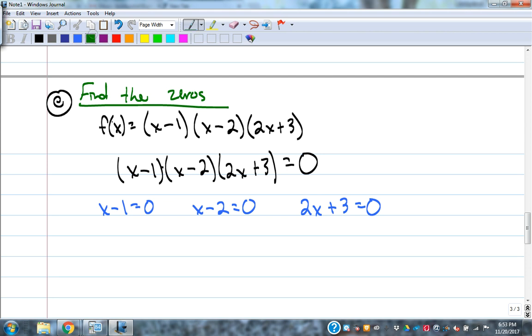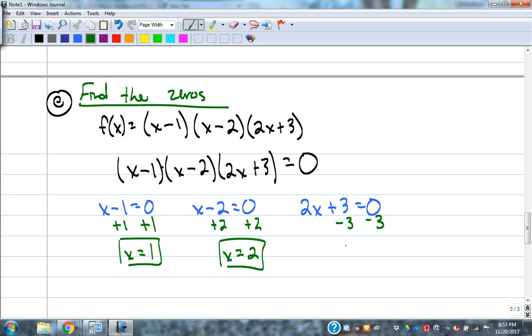Because this first one, we should already know that the answer is 1. This one we add 2. X is 2. And this one's a little bit more work, but still not very difficult. X is negative 3 over 2.